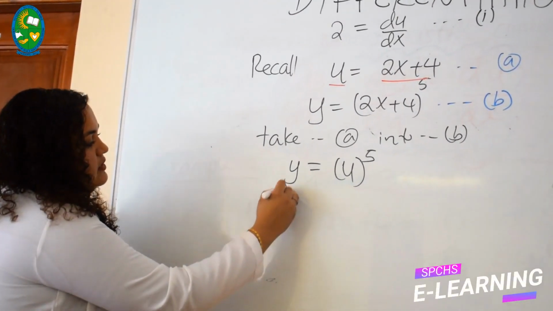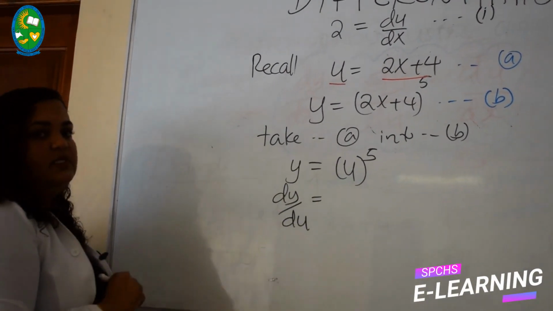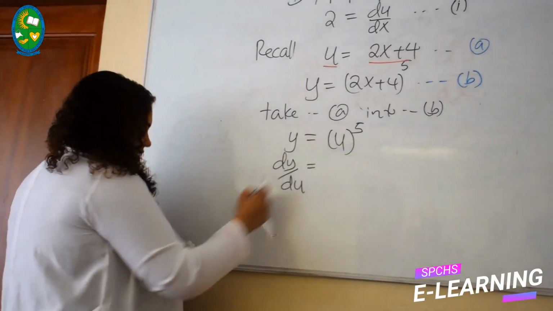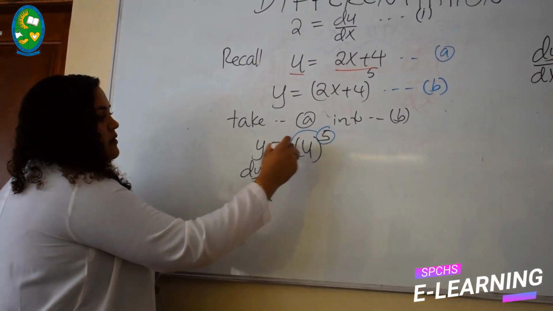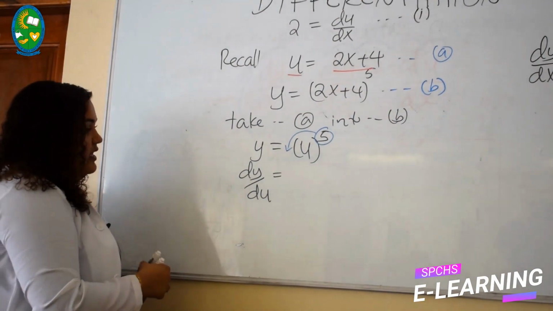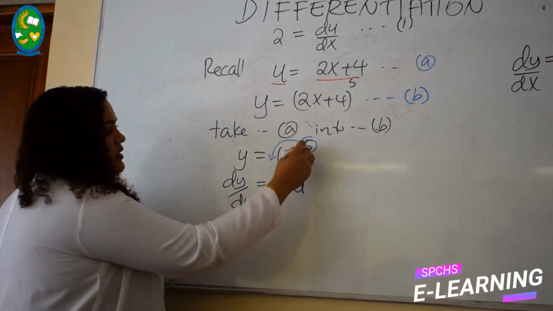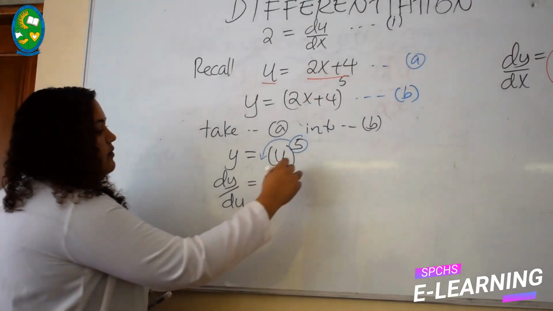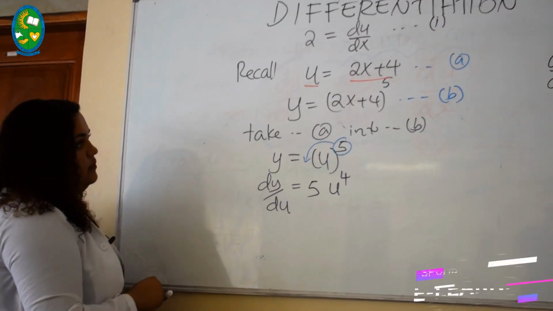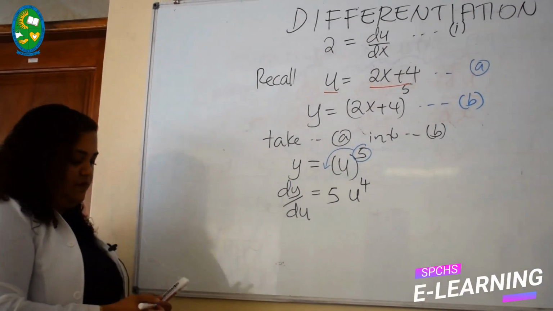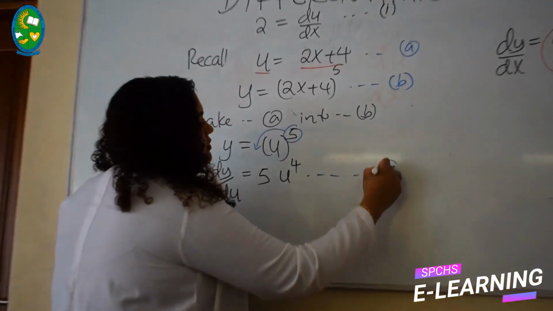So this becomes dy du equals to, same procedures by power rule, the 5 up here comes down. What do you have? You have 5u, then 5 reduces by 1, you end up with 4. So this is our third equation with 5u power 4. And let's call this equation x.